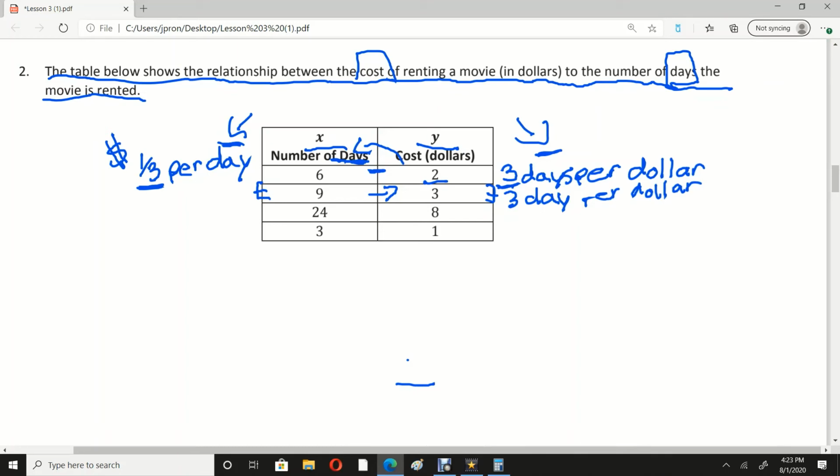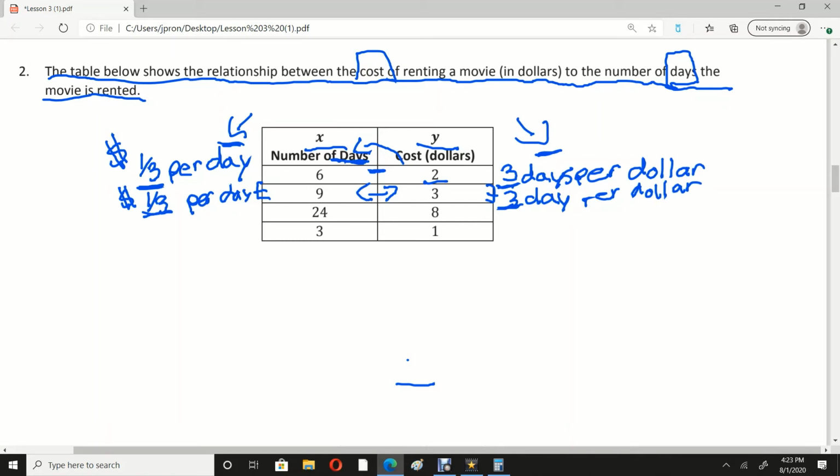Now, just for the sake of argument, let's go the other way. Let's calculate dollars per day. We would divide 3 by 9, and that would get us, again, 1/3 dollar per day. So far, it looks like we're proportional. All of these unit rates are the same so far.